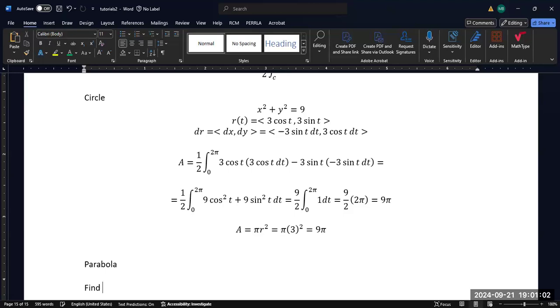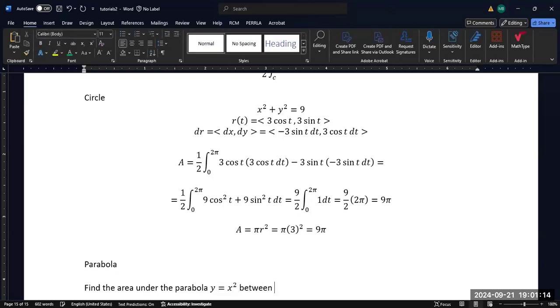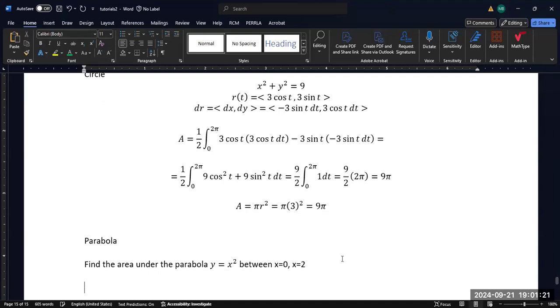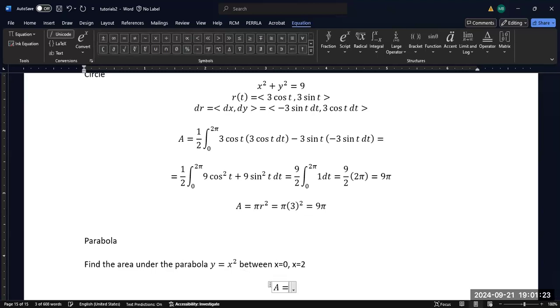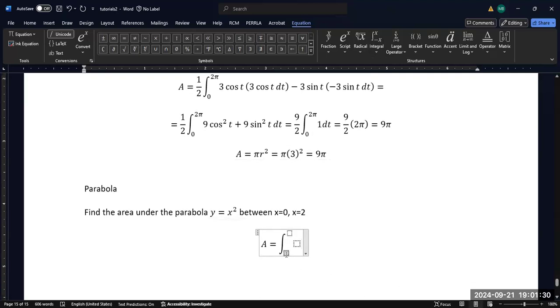Let's say find the area under the parabola, let's make it nice and simple, x squared between x equals 0 and x equals 2. So standard area procedure, just so that we have a value to compare it to. We would integrate from 0 to 2, area under the parabola.